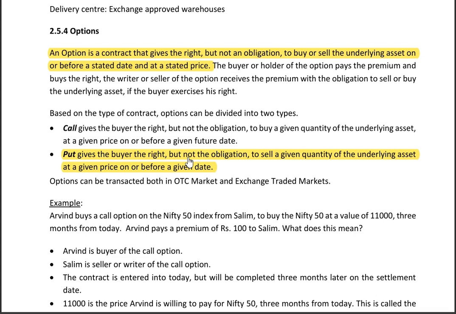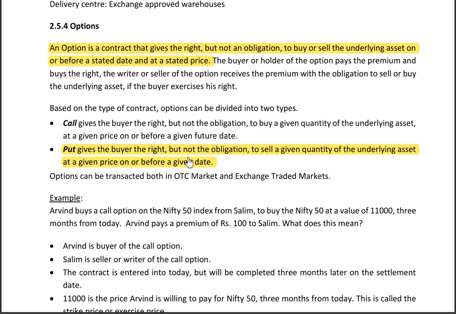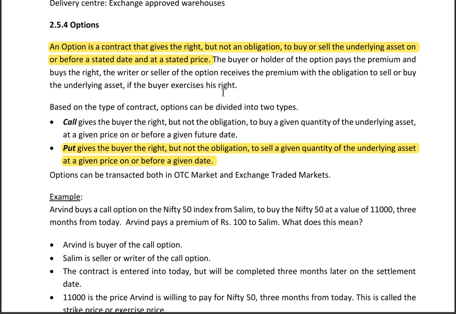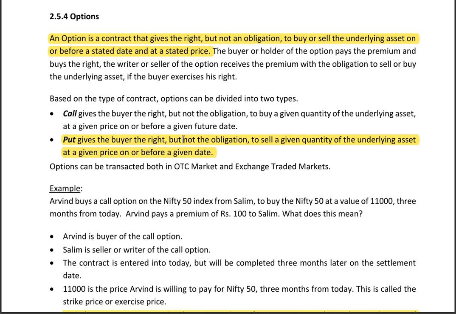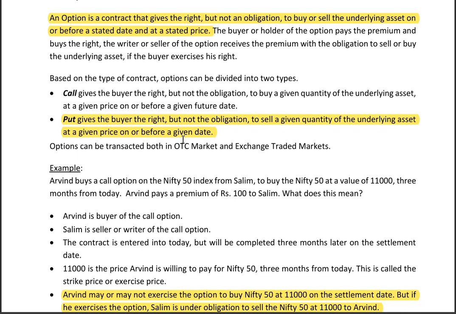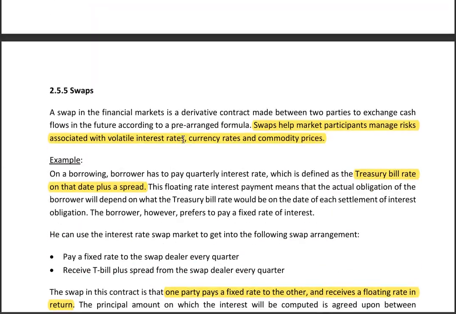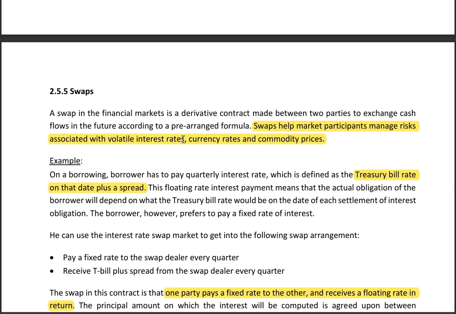So the buyer has no obligation to buy or sell the underlying asset. The premium is paid by the buyer to the seller of the option, who has the obligation of selling. So this you can easily understand. Swaps are contracts between two parties for the exchange of cash flows.